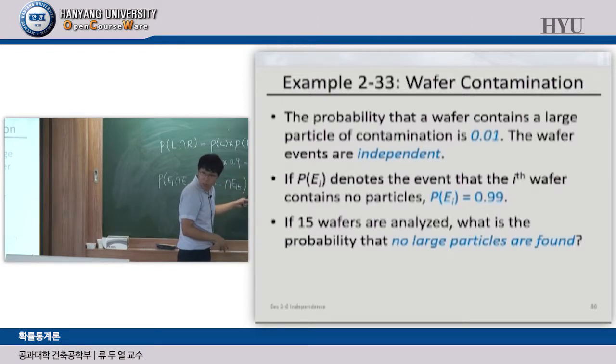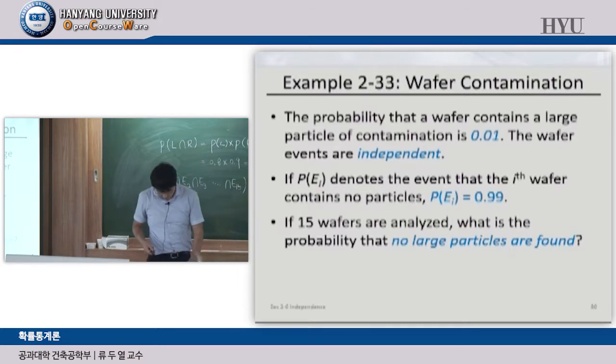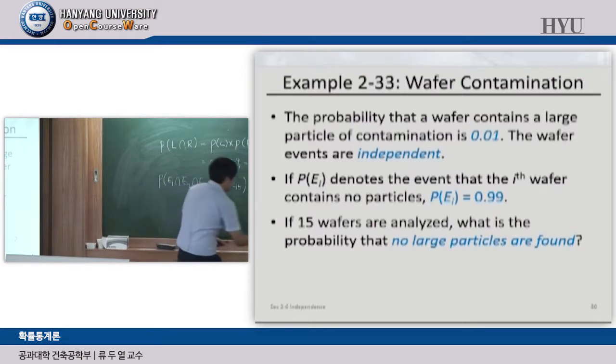So this will be the 15th power of 0.99, right? 이걸 지금 15번 곱했잖아요. 그죠? 이 확률 다 똑같고. 그러니까 0.99의 15승이겠죠. And there will be 0.86.